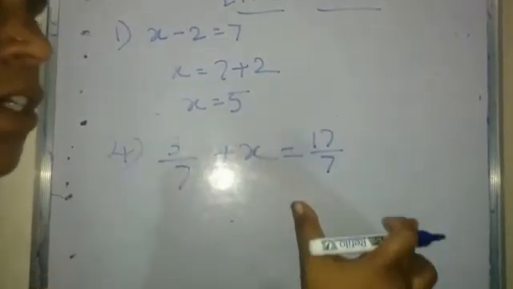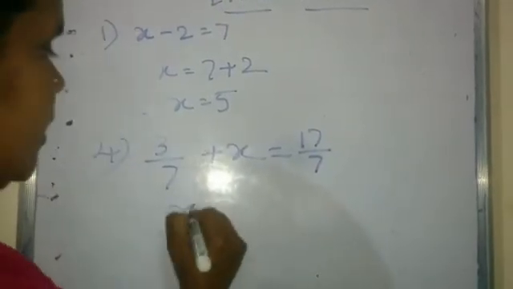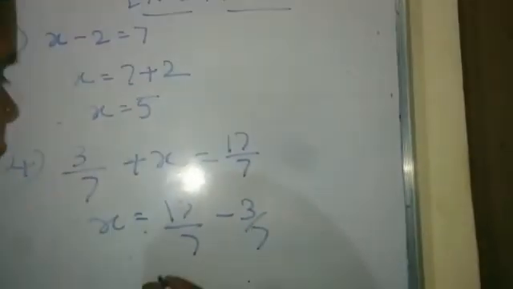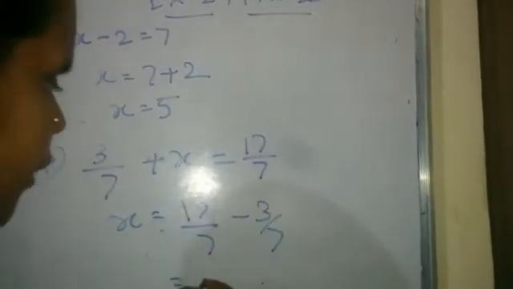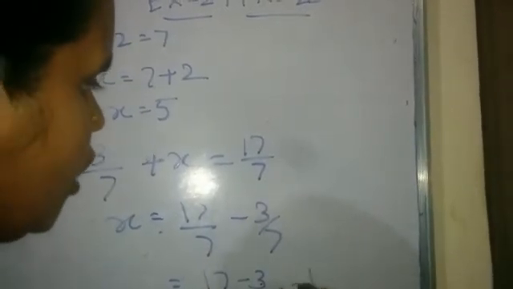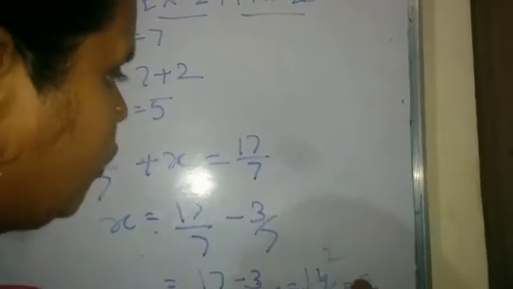Linear equations are applicable for rational numbers also. Now x is equal to 17 by 7 minus 3 by 7. The denominators are equal, so we subtract the numerators: 17 minus 3 by 7, so 14 by 7, which equals 2.